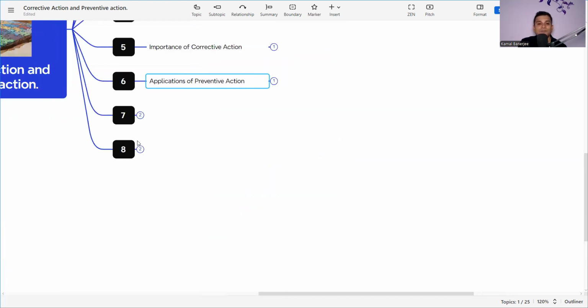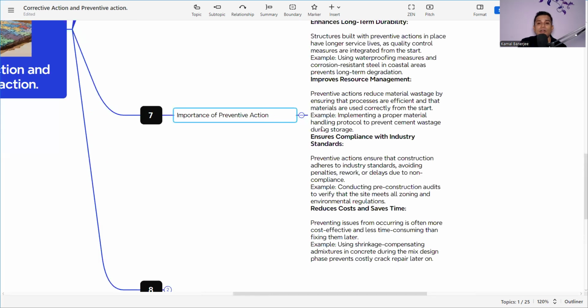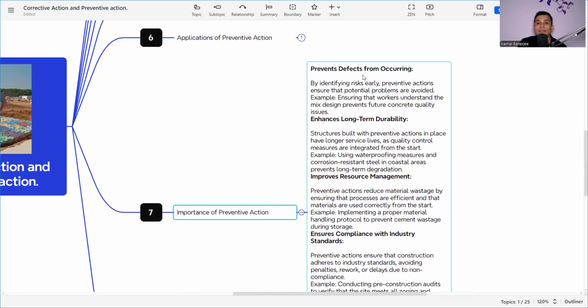Now, what is the next? Next is the importance of preventive action. Already I discussed, that is to prevent defects from reoccurring. That means it will stop the same defects or the same mistakes in the projects.